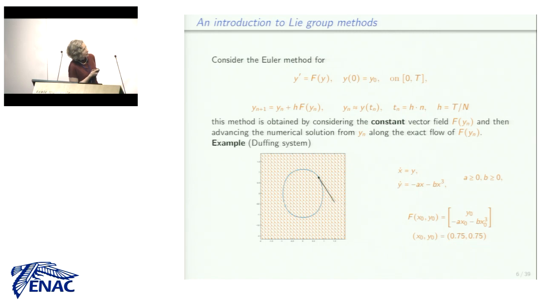At this point, the vector field of the Duffing oscillator is coinciding with this constant vector field. And the Euler method is simply propagating the solution along this tangent, along this constant vector field for a short time h, okay? So can we generalize this simple idea to something a little bit more advanced?